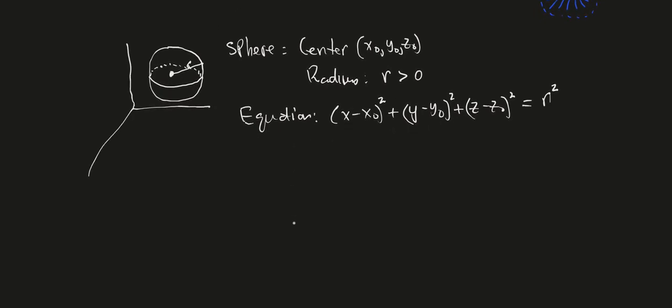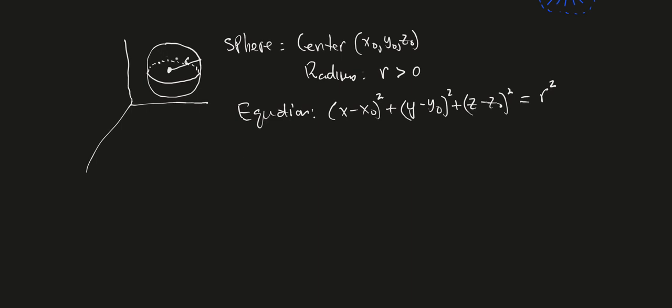Now, the three-dimensional analog of a closed disk is a closed ball. So think of the difference between, let me draw this, this there, but then also everything inside. So it's solid all the way through.